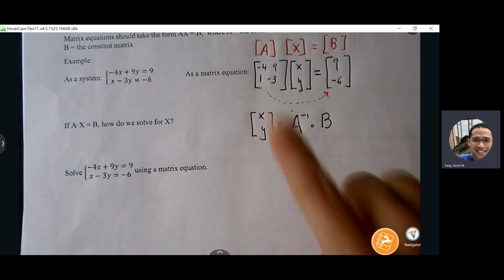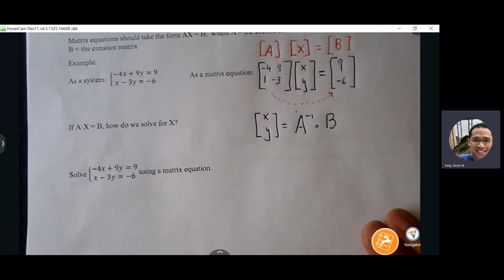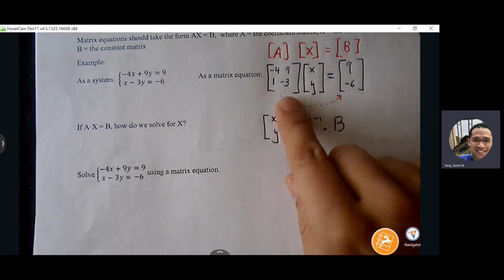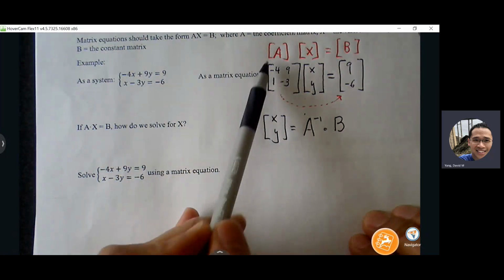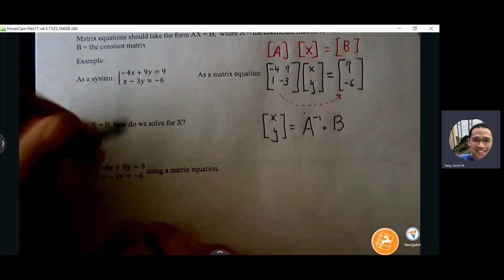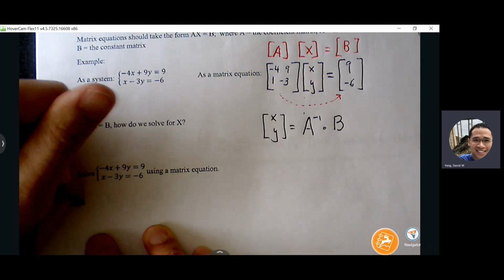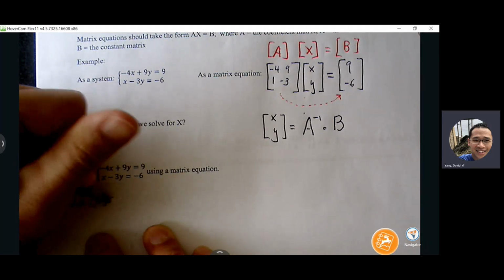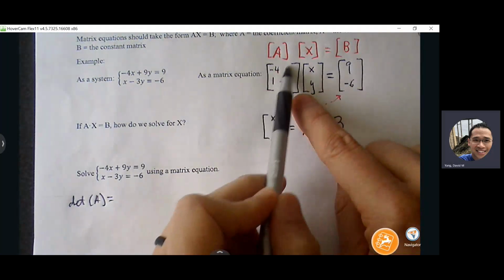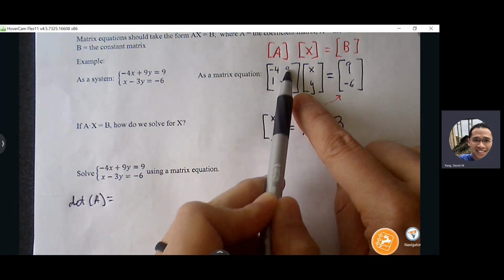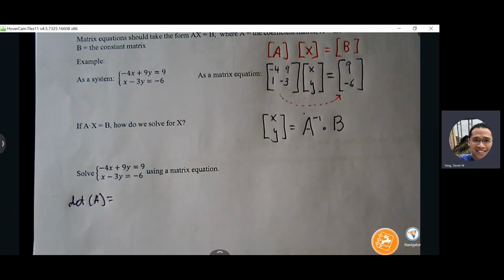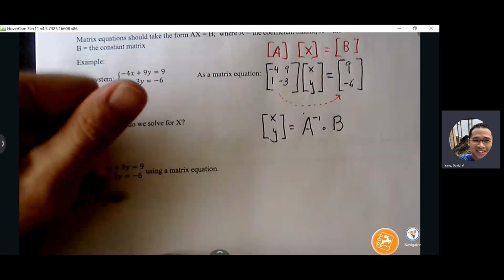So let's think about what steps we need to take to arrive at the inverse of matrix A. First, we have to find the what? Determinant, okay? So we're just going to put some of the work here, determinant of matrix A. AD minus BC, so 12 minus 9, which is 3, okay?